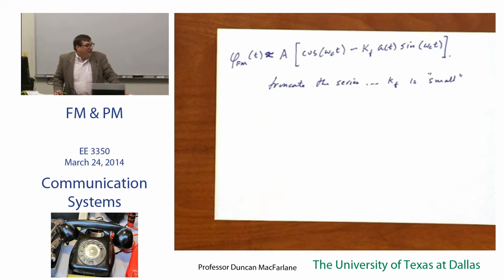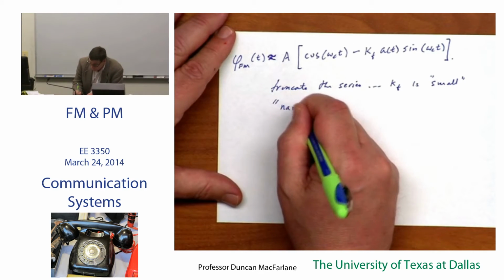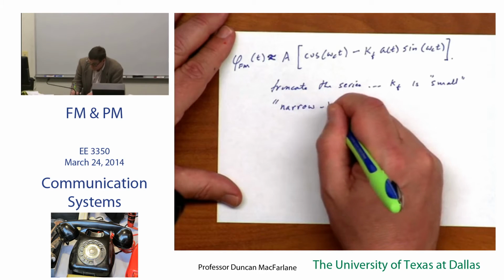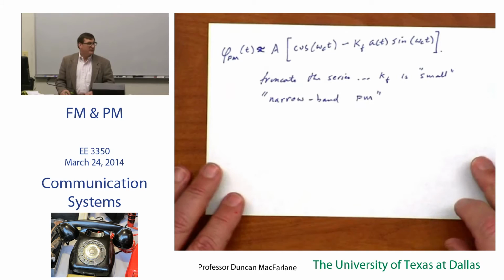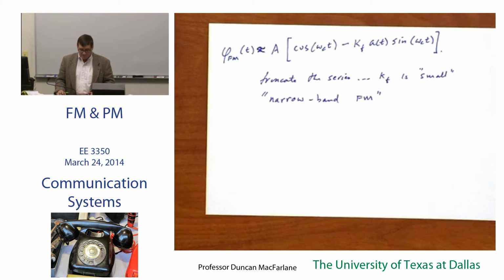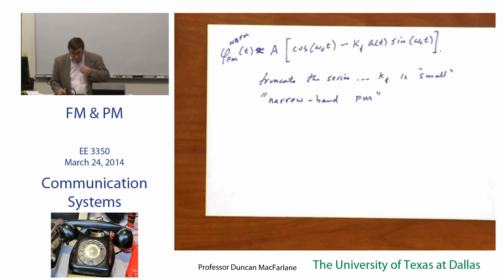So if the A of t is well behaved, of a certain magnitude, and KF is small, then maybe I can get away with this to truncate my series. And this is called, and it's an oxymoron, narrowband FM. Because there is nothing narrowband about FM, but this is just in the literature called narrowband FM. And it comes about from truncating that series.